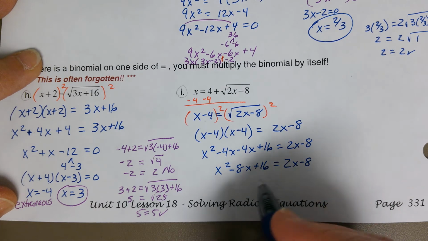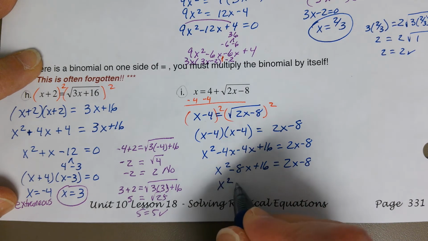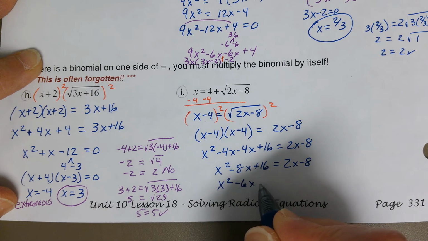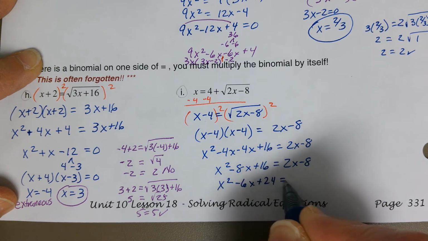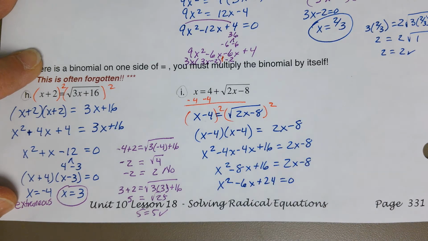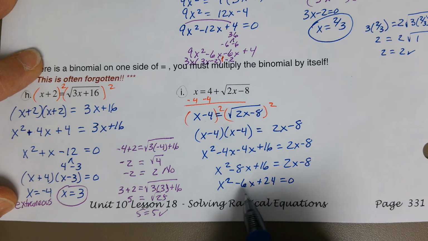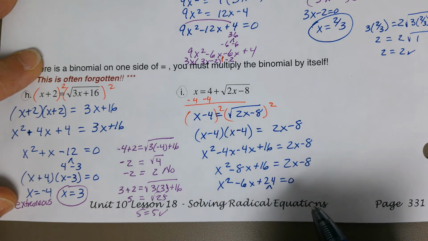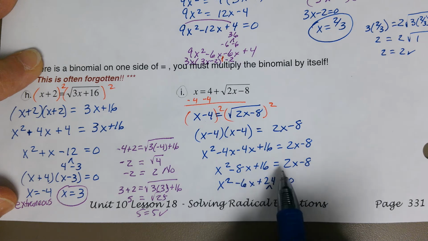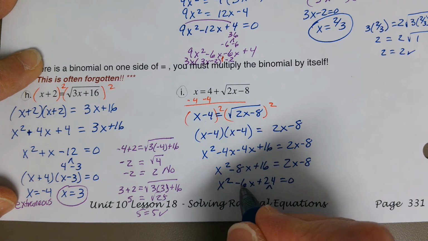Standard form, subtract 2x, add 8. The factors of 24 that sum to negative 6. Let me go back, subtract 2x and add 8 would give me a negative 10x here.